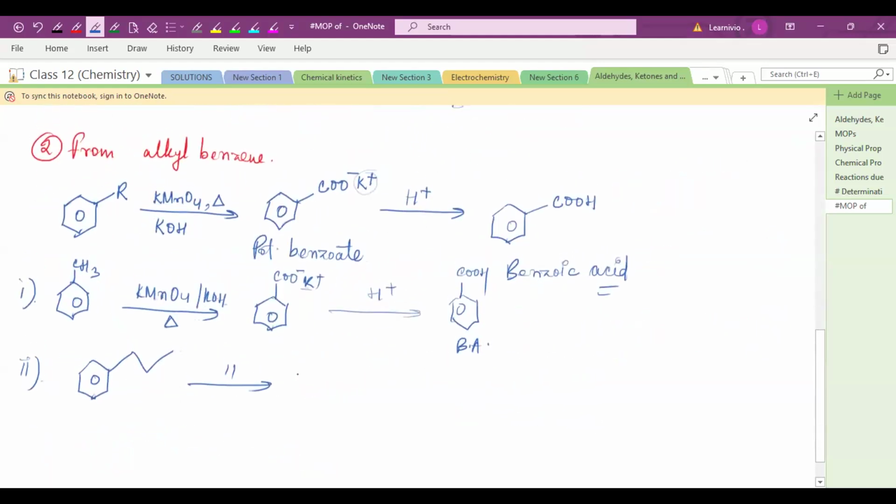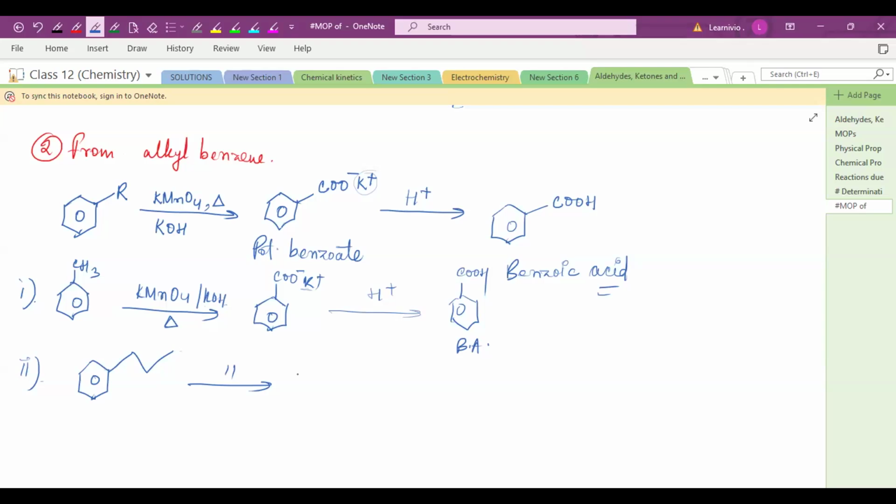Just quickly write down the method of preparation, and after that, do this question. Benzene with CH2, CH2, COO. And then we're going to give H plus for the final product. Yes. So at the last carbon, you will attach the COOH group.